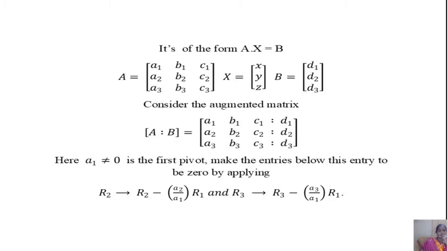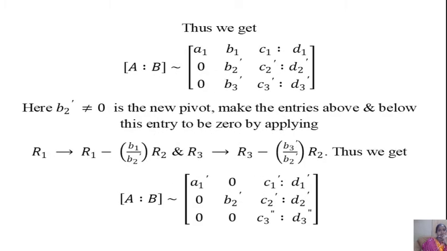To do that, we do the row operations on R2 and R3, and they turn out to be 0. Next, R2's second element, that is b2 dash, we check that it is not equal to 0. Then we make R1's second element b1 and R3's second element b3 dash 0 by applying the row operations.